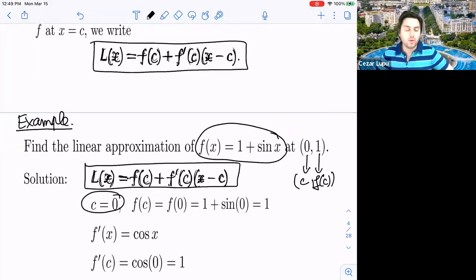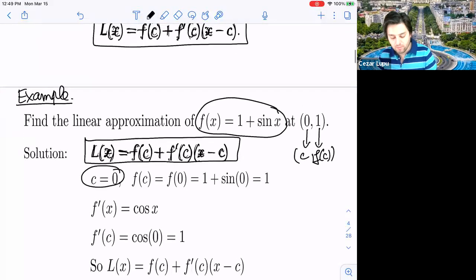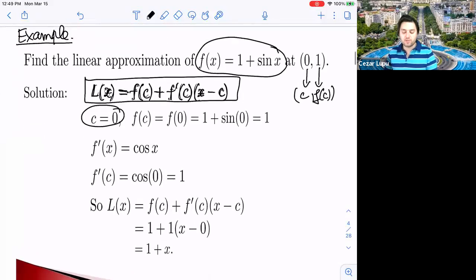So we know who f of c is, we know who f prime of c is, we know who c is, and then we can actually write it. By doing the computations, this is nothing else than just 1 plus x. In other words, the linear approximation of 1 plus sine of x around the point 0, 1 is nothing else than just 1 plus x.